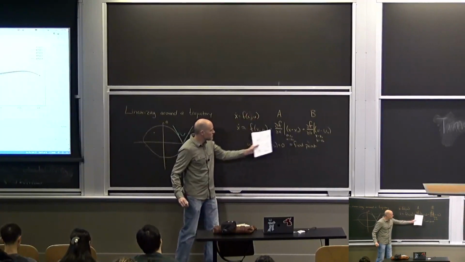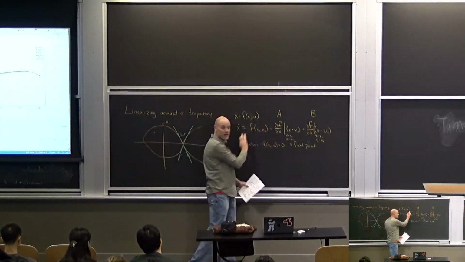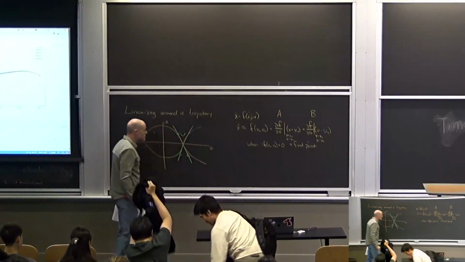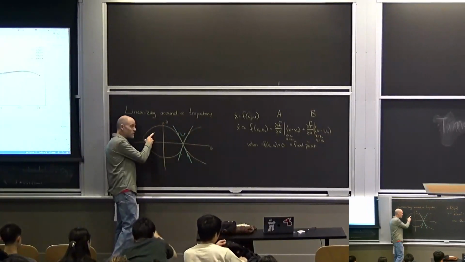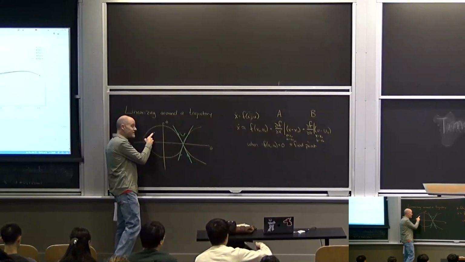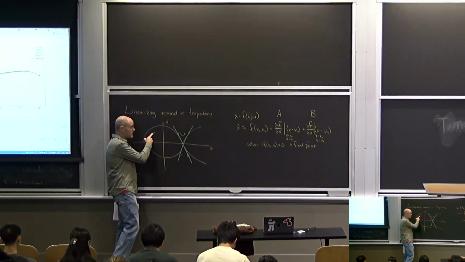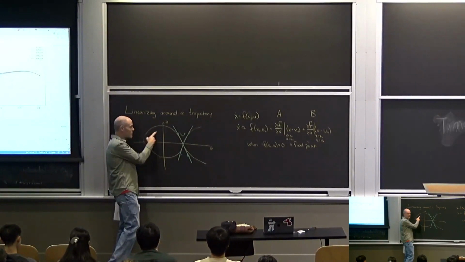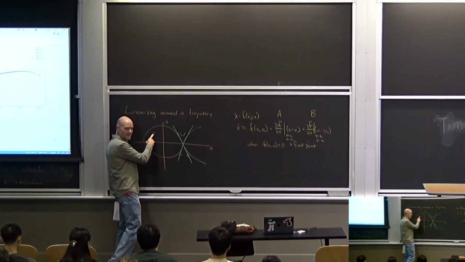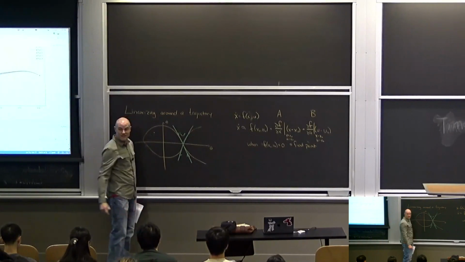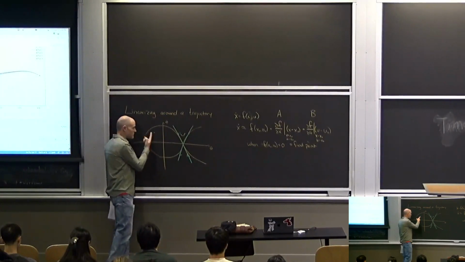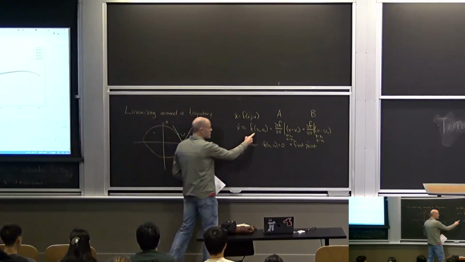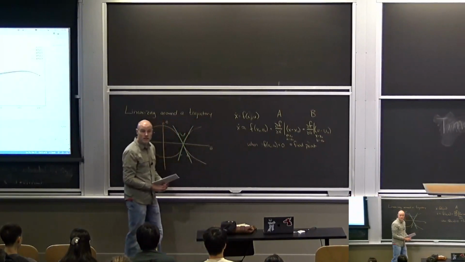Everything looked fine and linear, because I didn't have that term to worry about. So the first thing that happens if I linearize around this, and that is not a fixed point, because velocity is positive, so velocity is not zero, and any second order system can't have a fixed point with a positive velocity. That means this term is not going to go to zero, and I'm going to have something else to deal with.